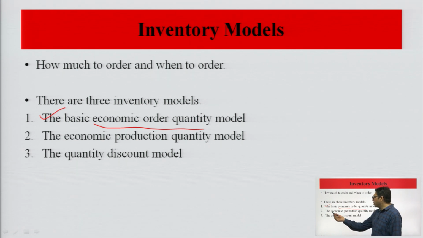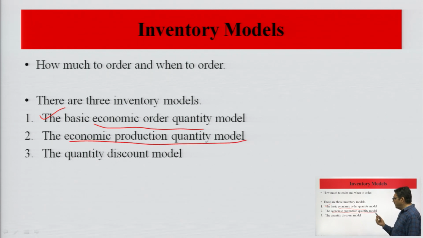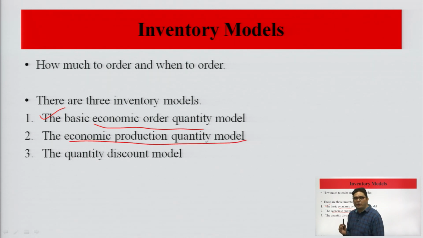Next is the economic production quantity model. Every organization does not produce goods continuously; they may produce goods at intervals. It is because goods are not always in so much demand that the company can maintain continuous production.